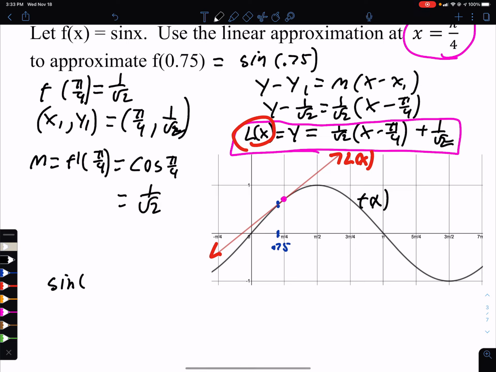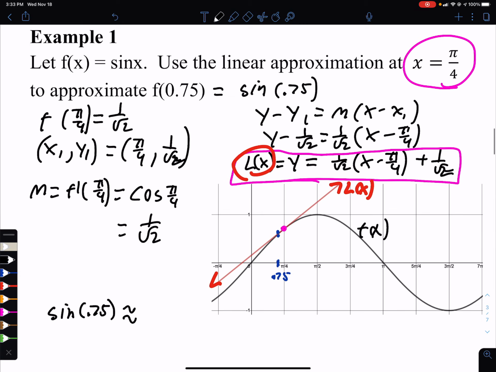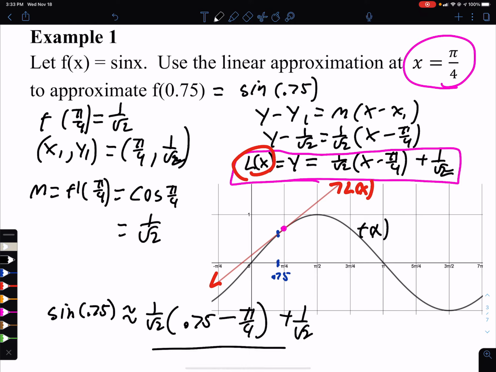Sine of 0.75 is approximately equal to, we will take this equation here and replace x with 0.75. So we're going to get 1 over radical 2 times 0.75 minus pi over 4, plus 1 over radical 2. This is our approximation for sine of 0.75.